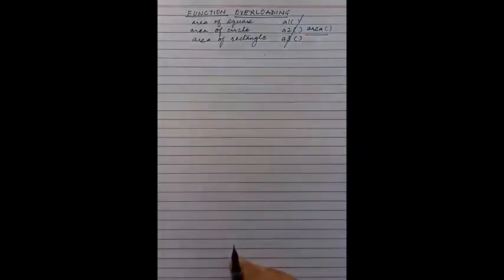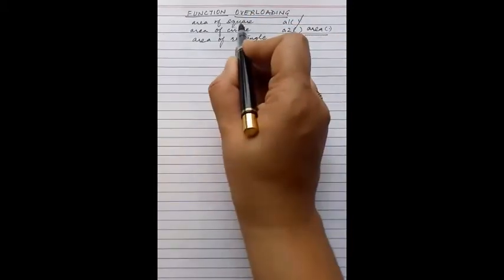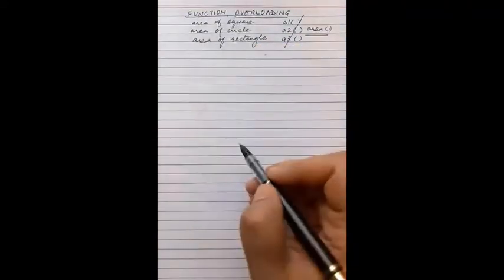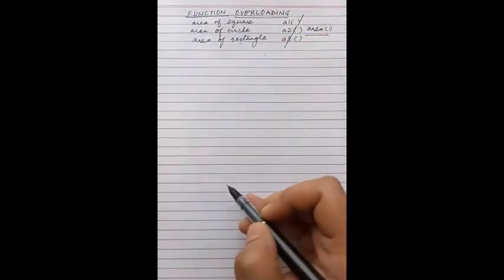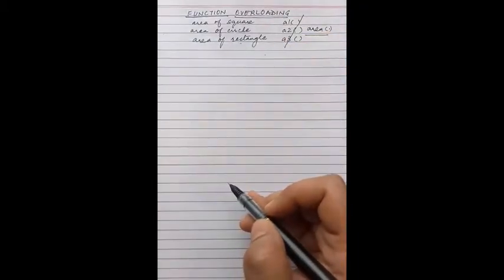But if I keep the name as simply area, and the compiler automatically calls the right one, then if I pass the side of a square, automatically this function is called. If I pass the radius, automatically this function is called, and if I pass length and breadth, automatically this function is called. Won't my job become easier?